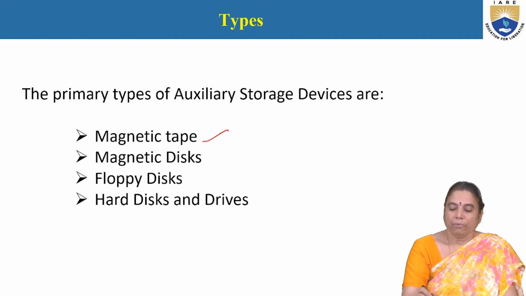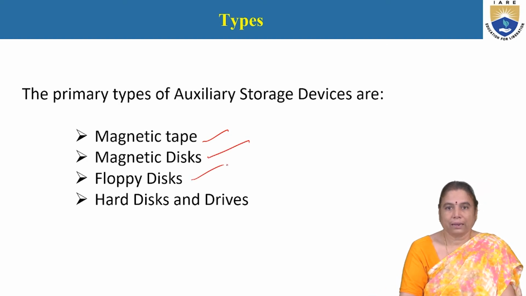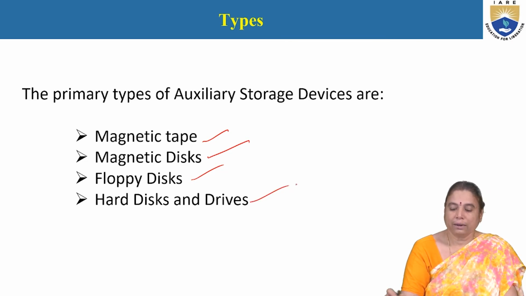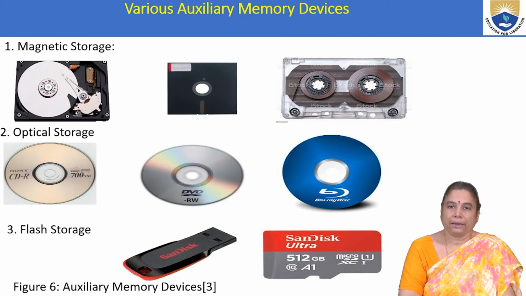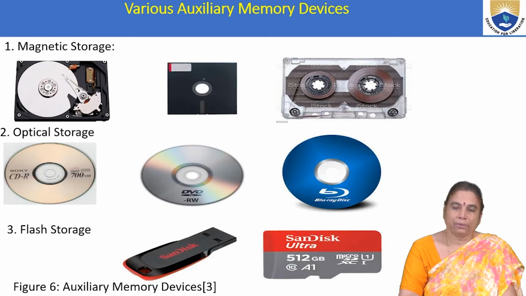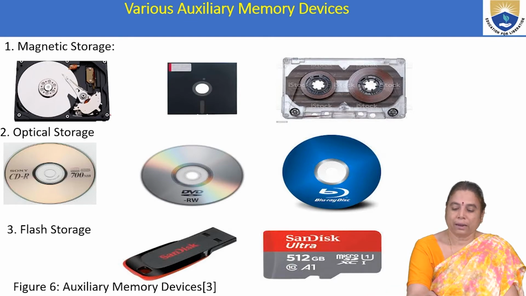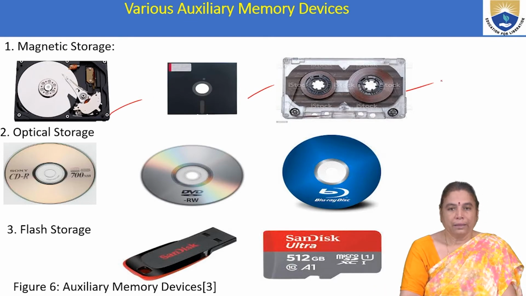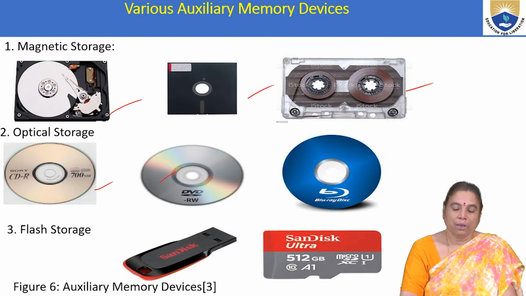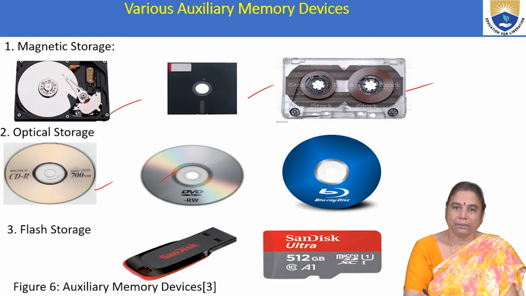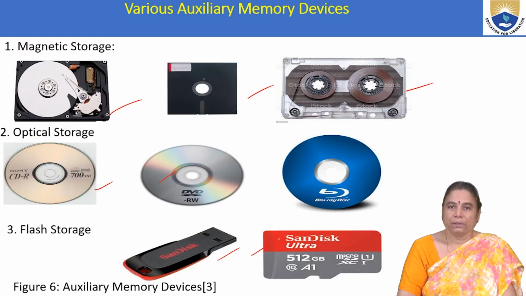Magnetic tape, which supports sequential access, magnetic disk, random access, floppy disk, random access, hard disk drives, random access. These are the various categories of auxiliary memory devices. Magnetic storage includes hard disk, floppy disk and magnetic tape. The optical storage devices are CD, DVD, Blu-ray disc. Flash memories are the SanDisk and the pen drive. So these are the varieties of auxiliary memory storage devices.